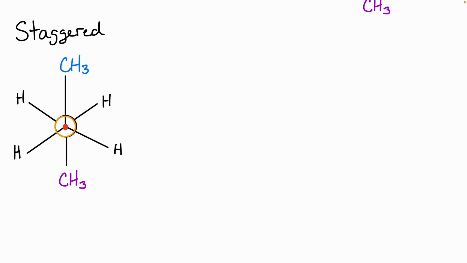All right, so now we're going to take that back carbon and rotate it 60 degrees about that single bond. Nothing on my front carbon is going to move. I'm still going to have my blue methyl group sticking up. I just rotated the back carbon.